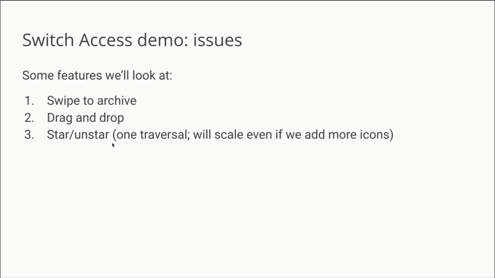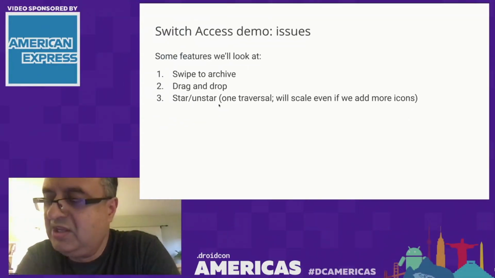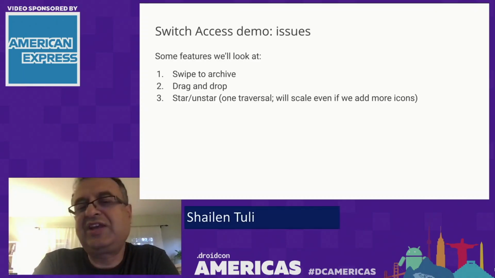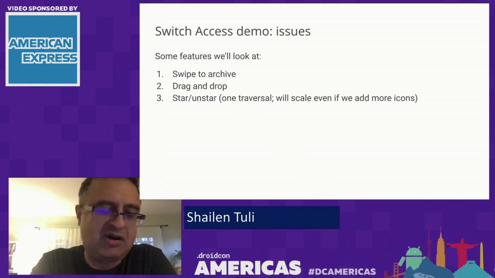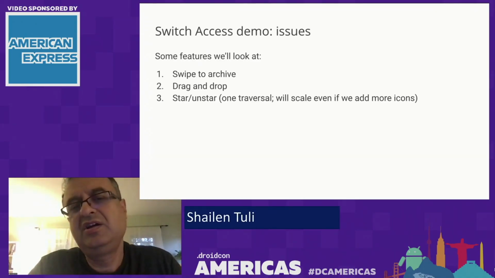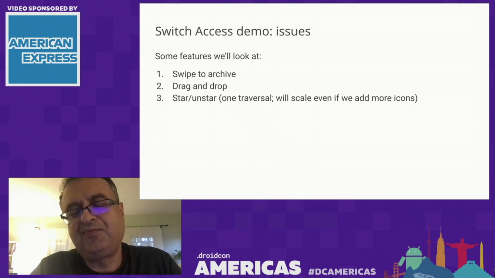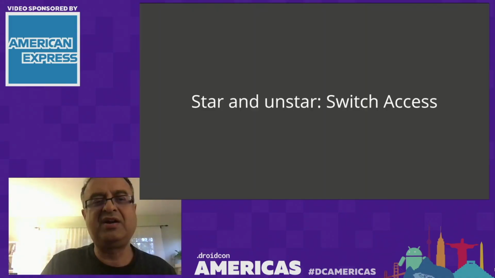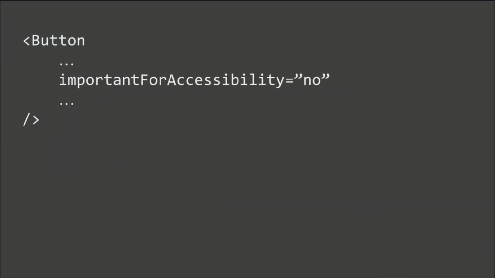And the important thing is the star unstar logic is working with one traversal, which means that it'll scale pretty nicely if you add more icons. You don't have repeated announcements. You don't have multiple buttons. So remember this slide where we said important for accessibility equals no. So there will be no focus on that when a TalkBack user or a switch access user is traversing over the views.